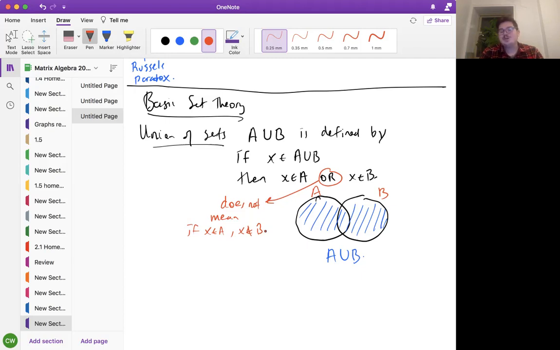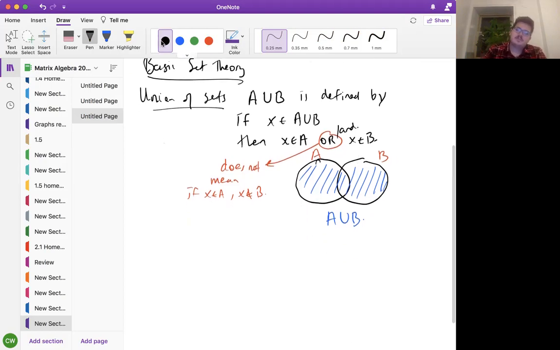The mathematical term or does not mean one or the other exclusively, but if it's in A or B, then it's in the union. So sure, we can say and/or. When you say or, think of and/or.